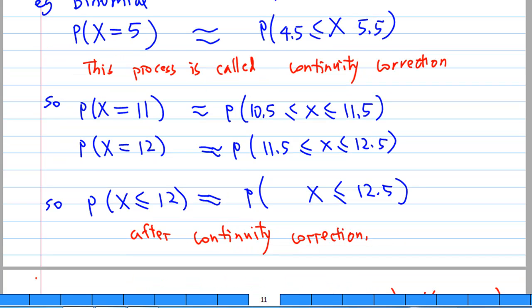The probability of x equal to 11 is approximately equal to the probability of x between 10.5 and 11.5. And the probability of x equal to 12 is approximately equal to the probability of x between 11.5 and 12.5. Therefore, when you find the probability of x less than or equal to 12, this is approximately equal to the probability of x less than or equal to 12.5 after continuity correction.